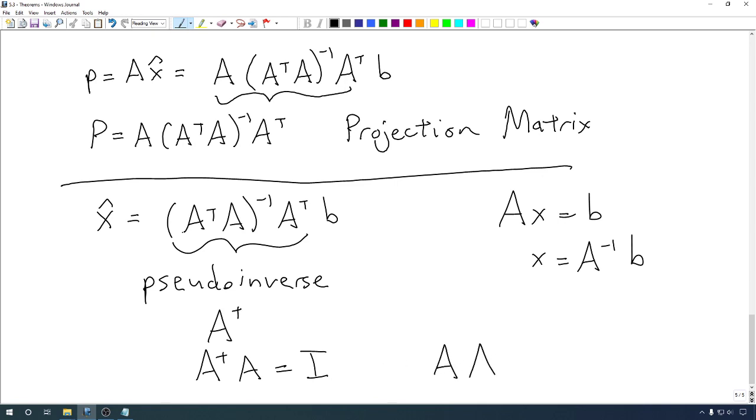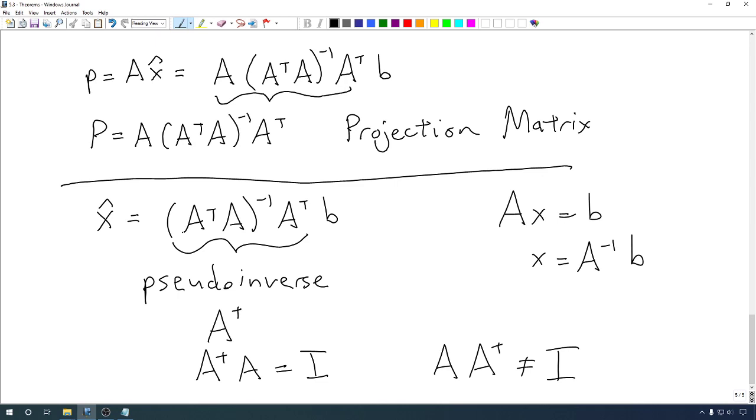But A times A plus, so the other order, is not going to be the m by m identity. It has to do with the fact that m is bigger than n. Essentially, there's not enough that's linearly independent in here to make m different linearly independent rows or columns. So we actually can't get that unless A was a non-singular square matrix to begin with.